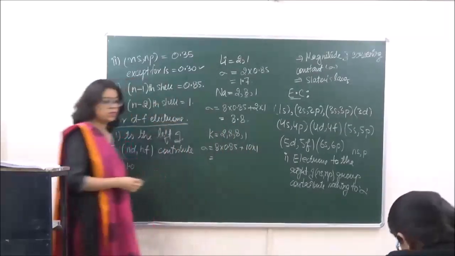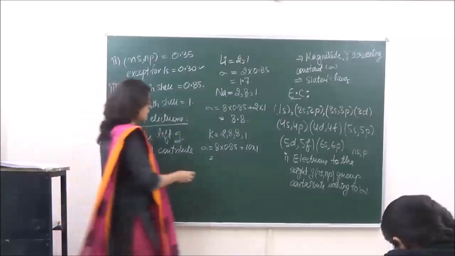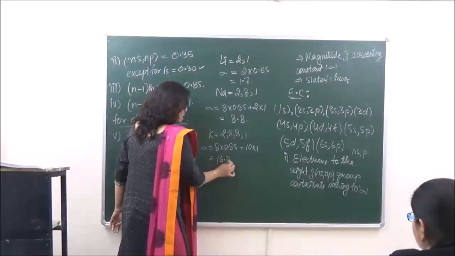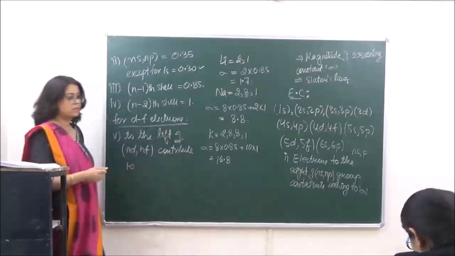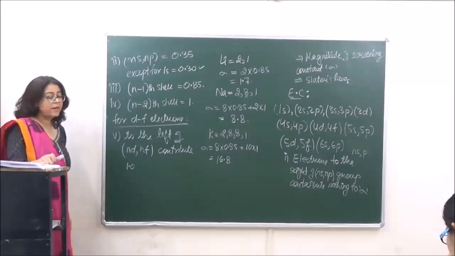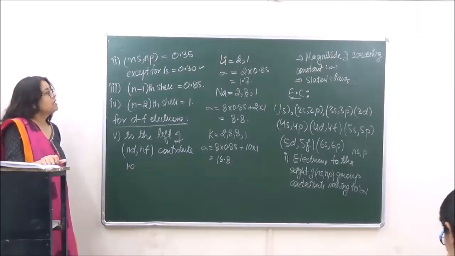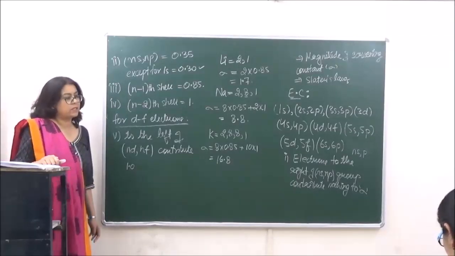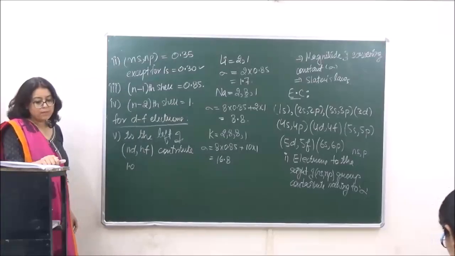So the shielding constant over here is 16.8. This is how we calculate the shielding constant. Greater the value of shielding constant, greater is going to be the screening effect. You can remember this.